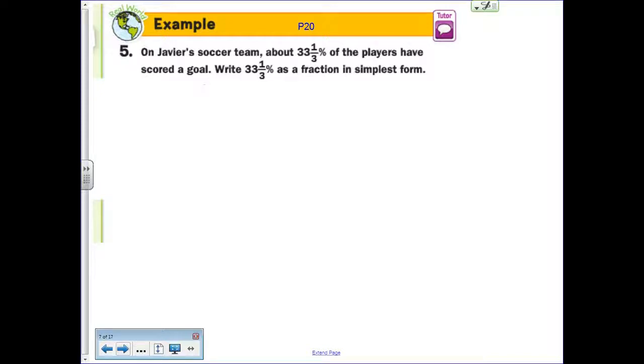But if you recall, 33 1/3%, the word percent means divide by 100. It's literally per 100. The word cent means 100. So we would actually write 33 1/3 over 100 if we were writing it as a fraction.